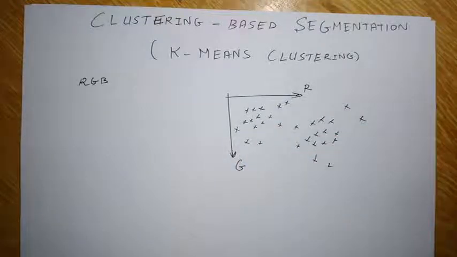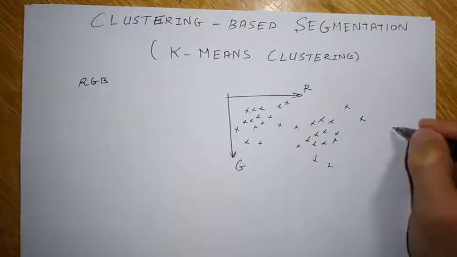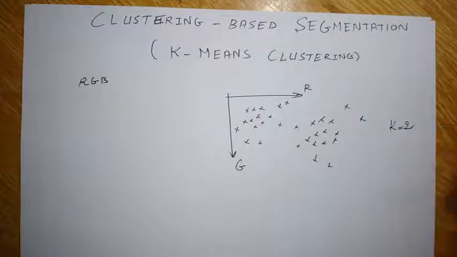The first thing that we do is we have, of course, to set the number k. In this case it is obvious that we have two clusters. There are, of course, other sophisticated methods that can initialize k automatically according to the data points you have. But just for the sake of explanation here, let's consider that k is equal to 2. What we need then is to define 2 starting points.